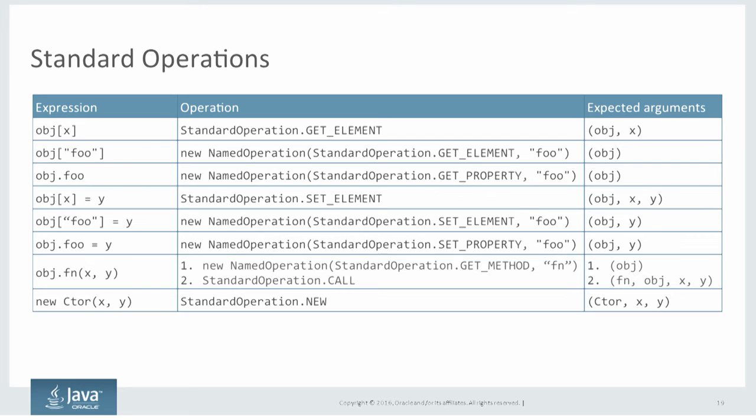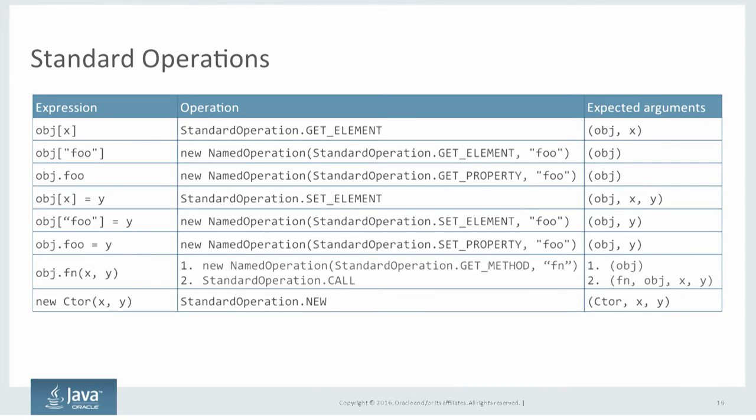The named operation, one line further down below, object of string foo, that's a named operation where the name itself is bound at the call site. So the name does not depend on any extra variable, which is also why the expected arguments of the named operation only include the object itself instead of the variable and the object.